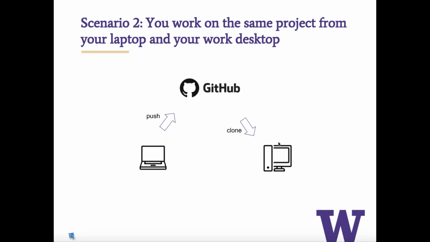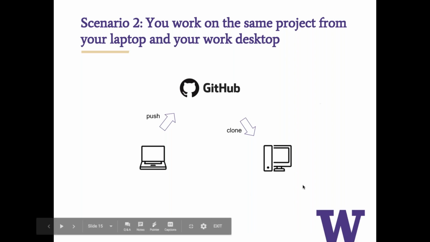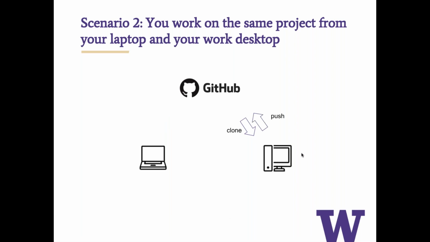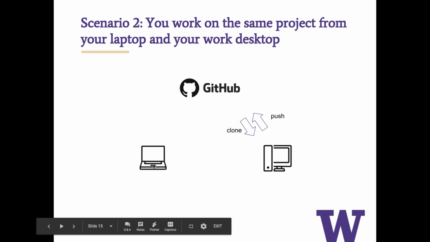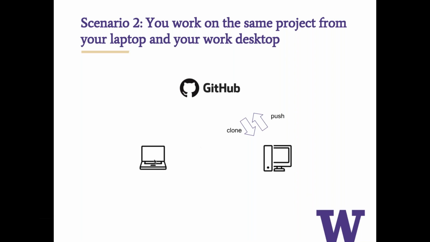And then the second step is you can work on your desktop, and that's fine. As before, you can git add, git commit, and git push your changes to the website. So this is something you've already done. Now the question is, you go home in the evening and you want to see all this new work back on your laptop. How can you do that?